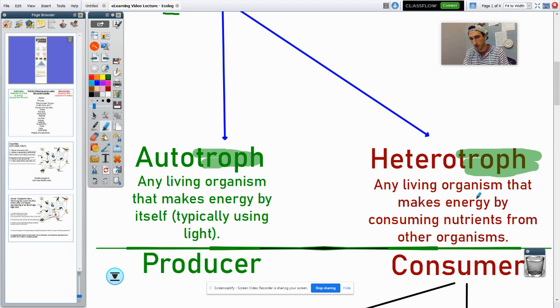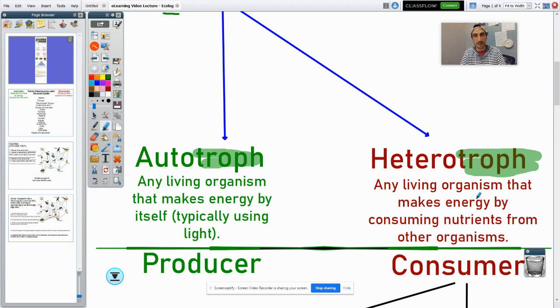Okay, well, let's define autotroph. An autotroph is any living organism that makes energy, troph, by itself. The prefix auto means by itself, like automobile, right? It's a mobile device, or a moving thing, that moves by itself, kind of. You've got to give it some gas.